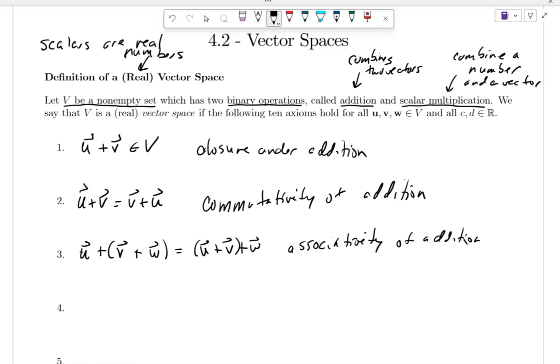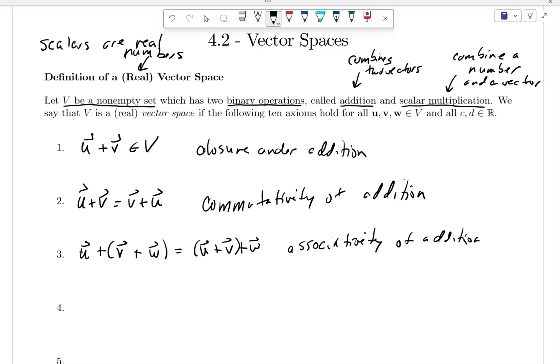Being able to add in either order, being able to regroup. And again, think about the regrouping part. This is a property that you would like in order to be able to solve equations. Remember, algebra has its roots in solving equations, right? The whole point. Okay. Remember, we talked a little bit about this last time.